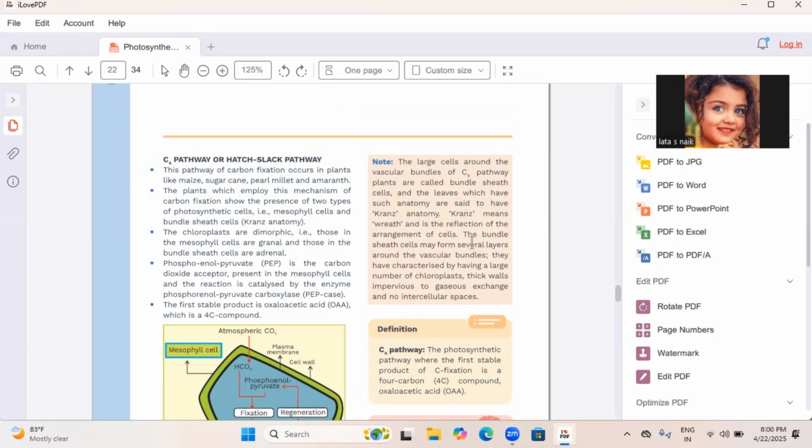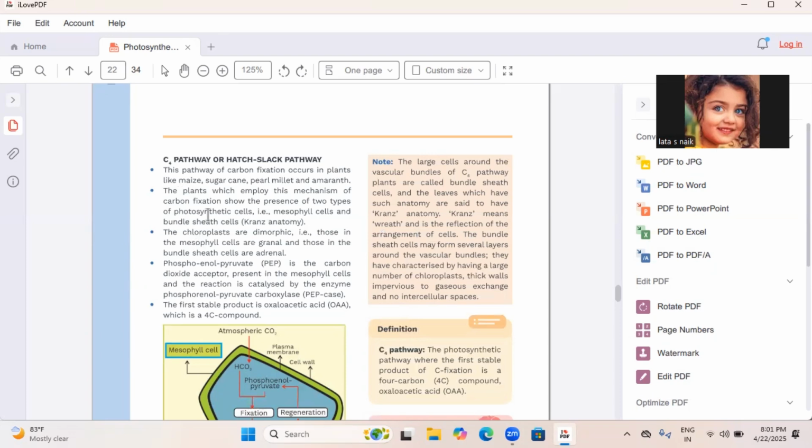These bundle sheath cells may form several layers around the vascular bundles. They are characterized by having a large number of chloroplasts, thick walls impervious to gaseous exchange, and no intercellular spaces. So I hope you understand what is Kranz anatomy now.